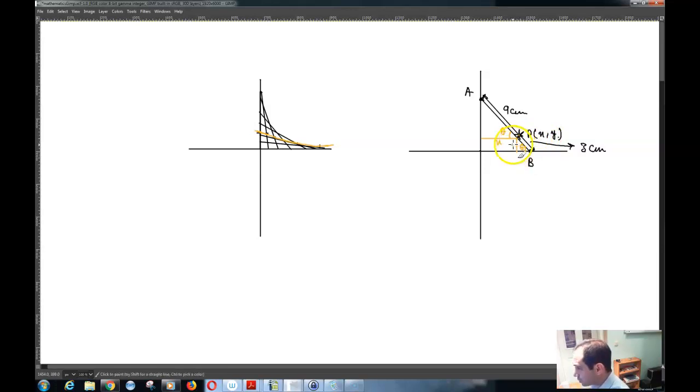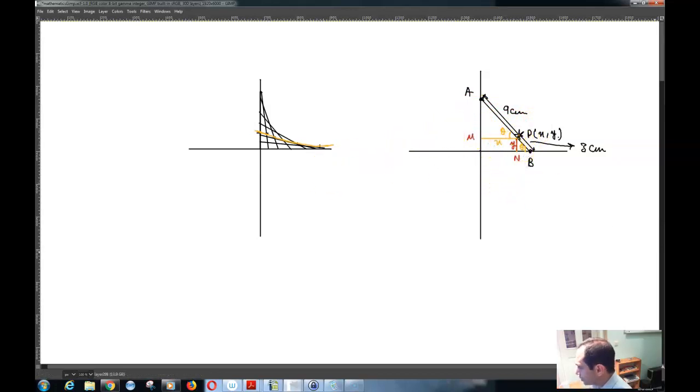Now let's call this point P, and call these points, for example, M and N.